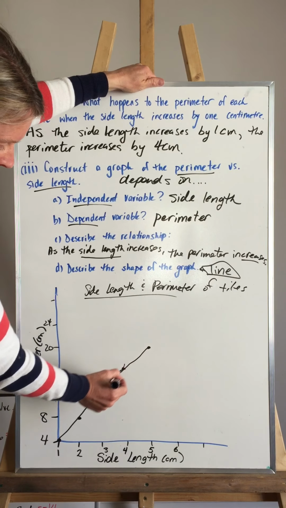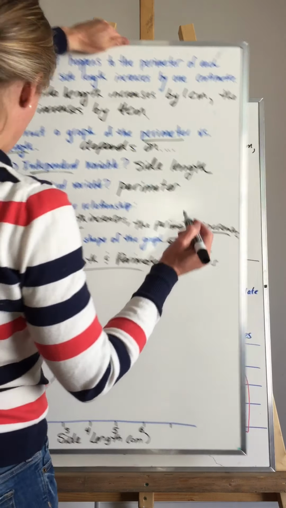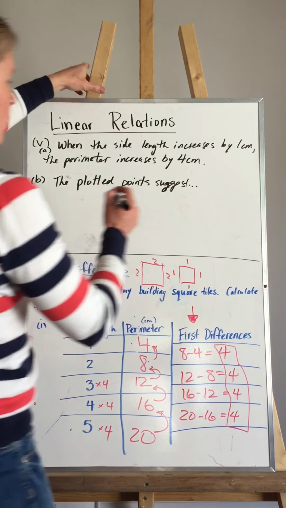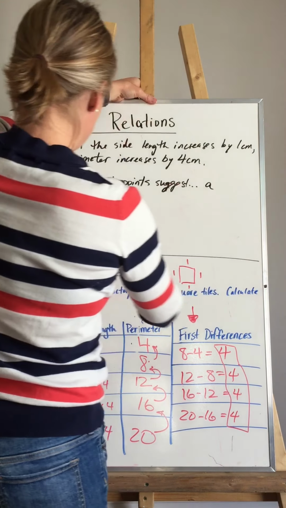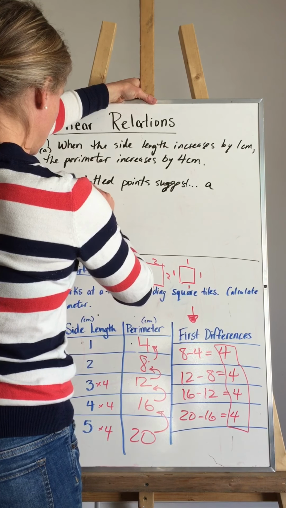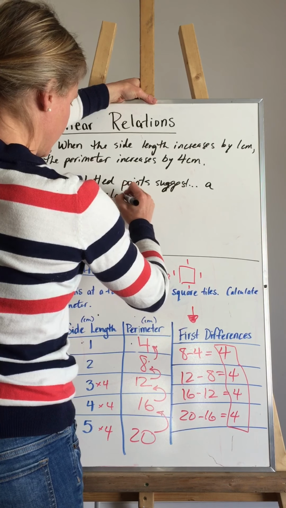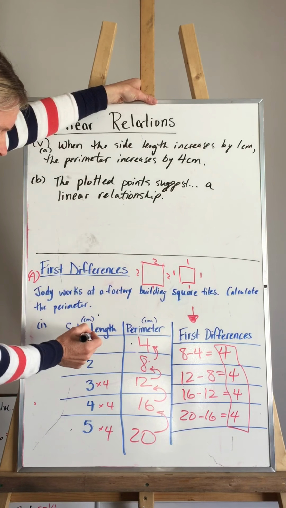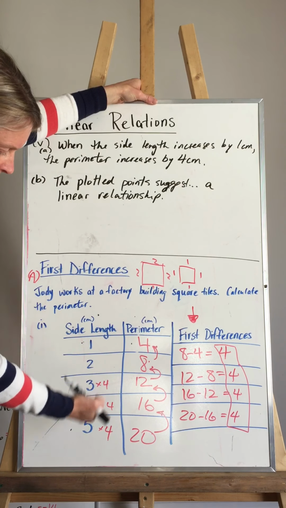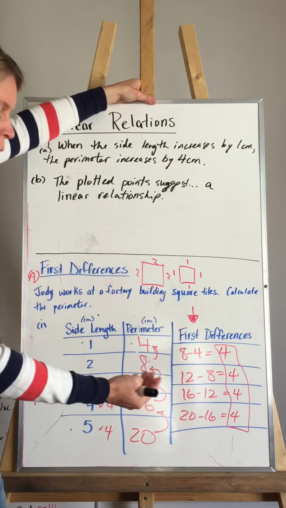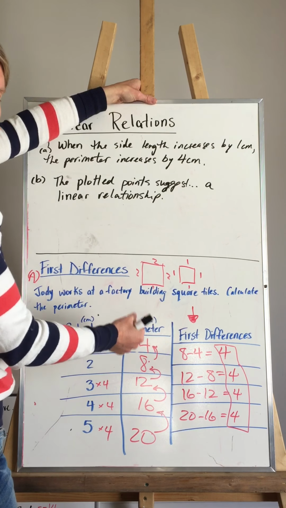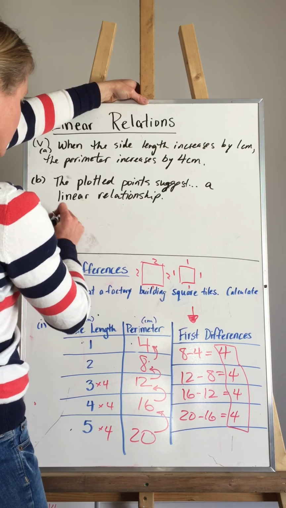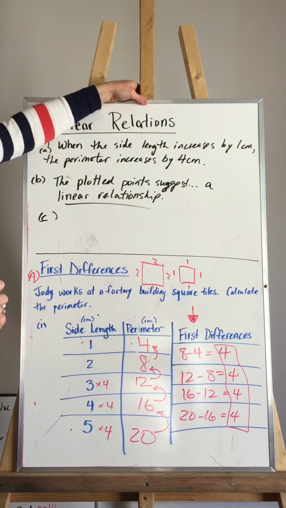Okay, so when you have a straight line, you have a linear relationship. So the plotted points suggest a linear relationship. And a linear relationship is basically one where, as the independent variable goes up by 1s or goes up by 2s, the dependent variable is going to go up by a constant number as well. So it suggests a linear relationship.